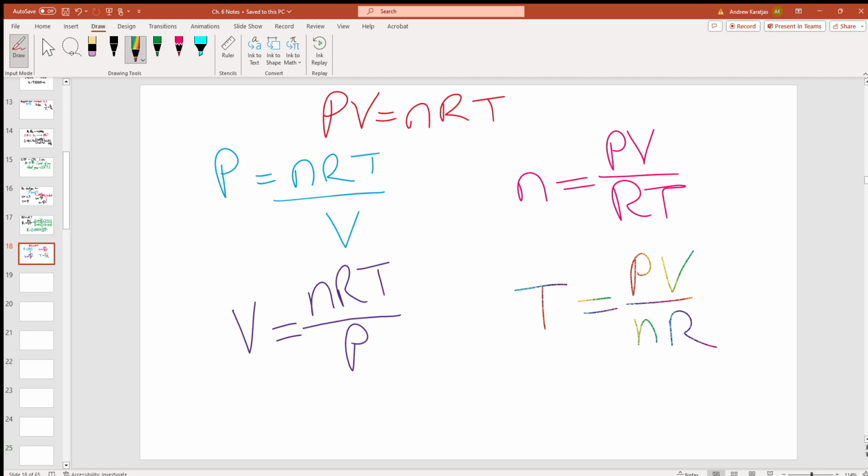But this ideal gas law allows us to do a number of other things as well.